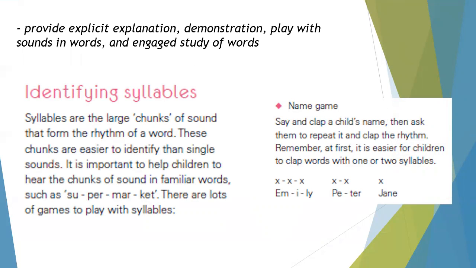Music teachers do a wonderful job with the rhythm of our language and the syllables within our language. So Emily could clap her name, and she could clap it 3 times for that rhythmic pattern in her name, whereas Peter just has 2 syllables and Jane 1.